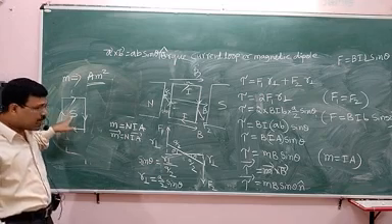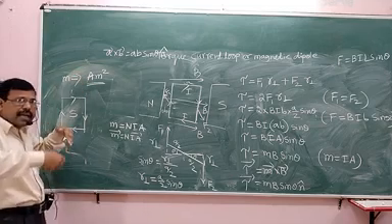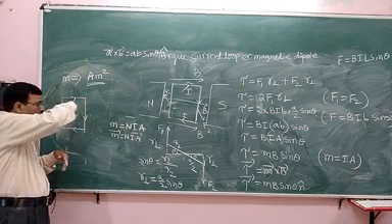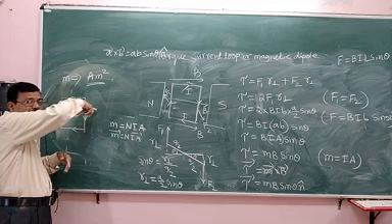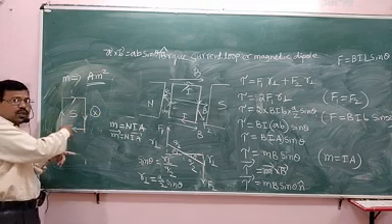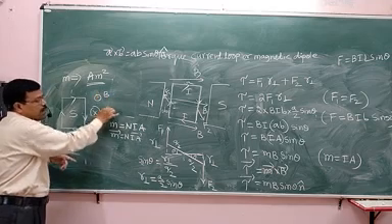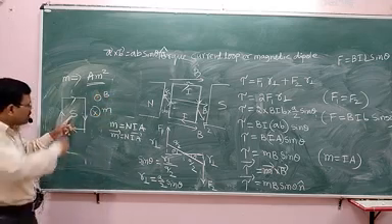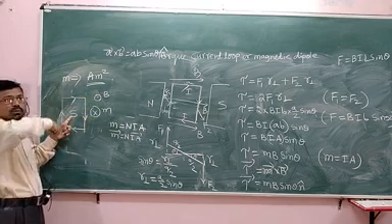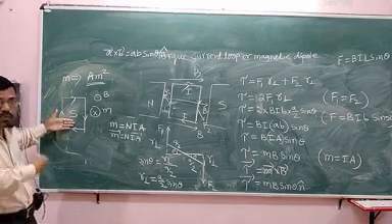So here the direction of the magnetic field is from north to south, whereas the direction of magnetic moment is from south to north. The direction of the magnetic moment here is into the plane, whereas the direction of the magnetic field is out. The magnetic moment is always from south to north, whereas the magnetic field is from north to south, because the north pole is downward and the south pole is upward.